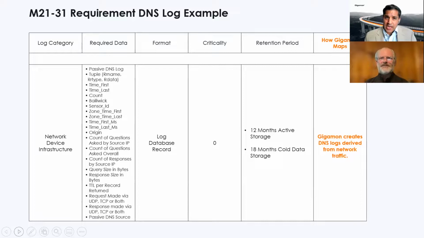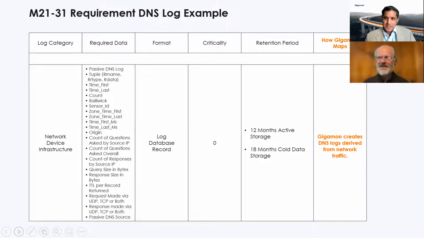Thank you for that. Okay, let's now look at a DNS log example in more detail. Sure. When I first looked at this, I had to look twice, because under the required data, there's so much as part of the individual data fields for the DNS protocol that are being required. I asked one of my customers about this, saying that, gosh, this almost looks like debug level logging.